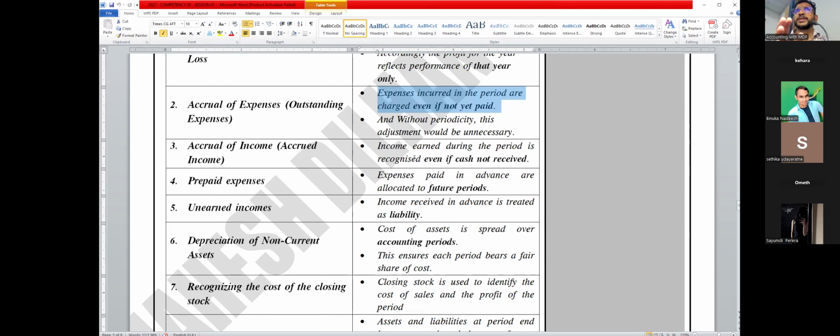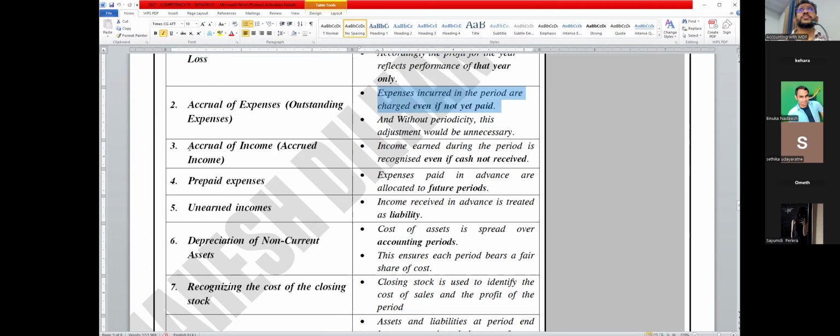Remember, it does not mean that because you have not paid, it is not an expense. It is an expense, but you have failed to make the payment. Even though you have not paid, it is an expense if it is relevant to the period under consideration. Without periodicity, this adjustment would be unnecessary. Let's say there is no periodic concept. There is no reason for you to apply it. You can pay it later.